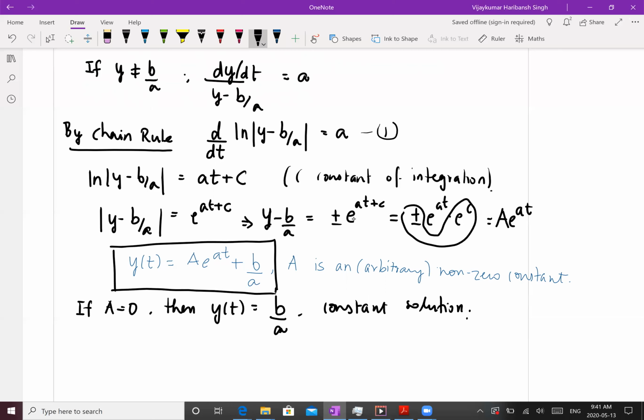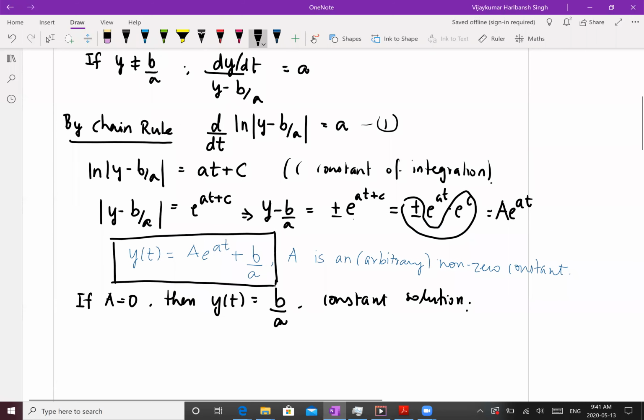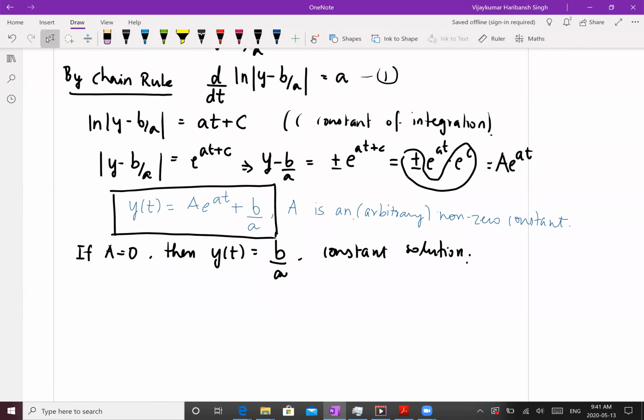However, suppose you're not able to see that, we can use substitution to solve this differential equation. So let's do that. So the second method to solve the same equation, use substitution.